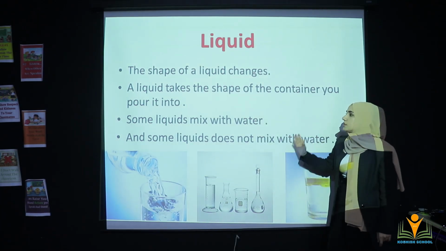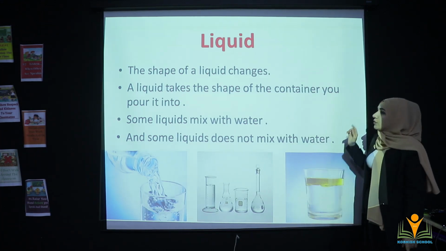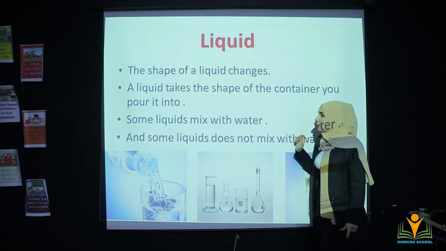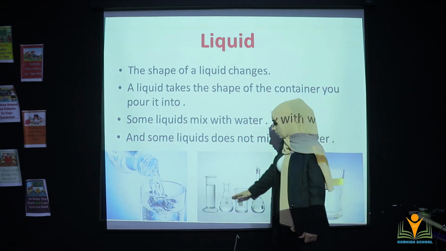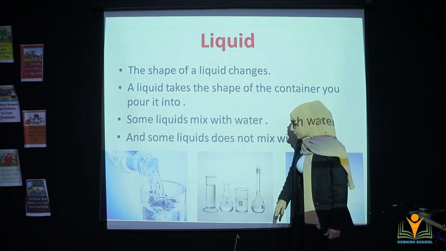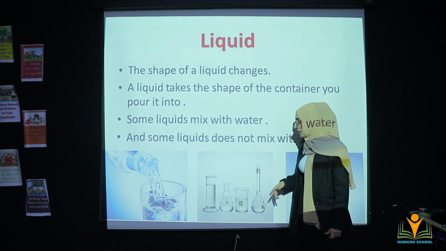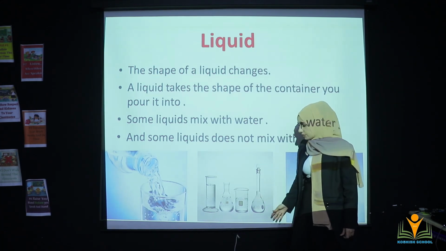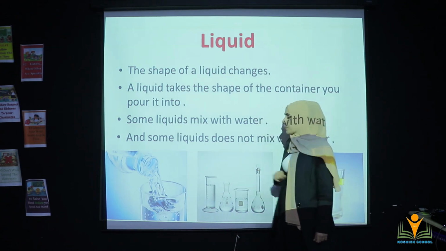A liquid takes the shape of the container you pour it into. This is water. When we put the water in the container, the shape of the liquid will be like the shape of the container, because the shape of the liquid will change.